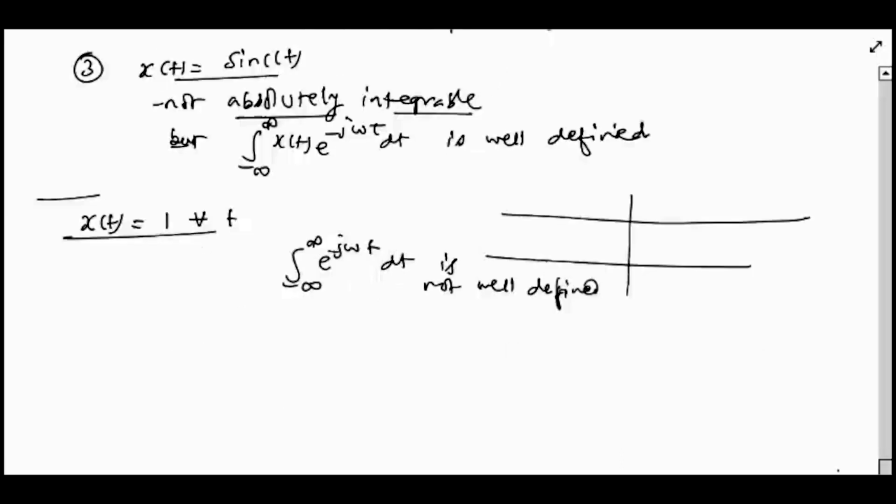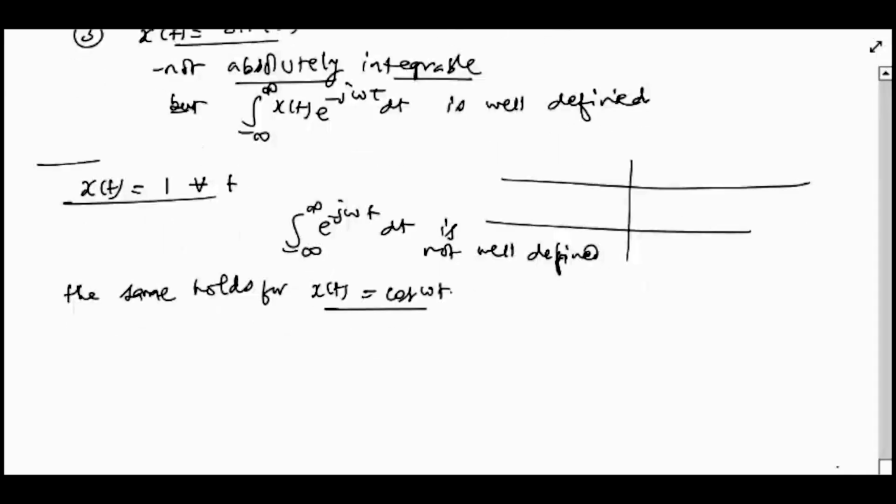The same holds for x(t) equal to a sinusoidal signal, say cos omega t. So what do we do in these cases?